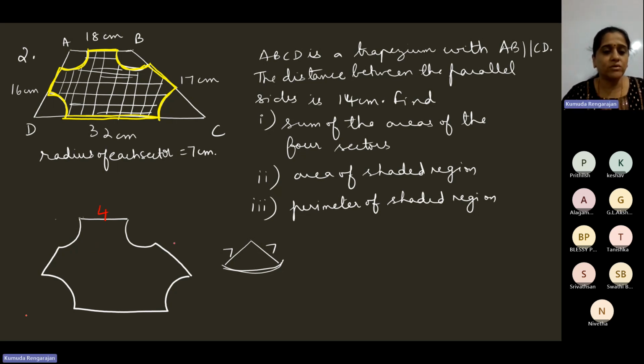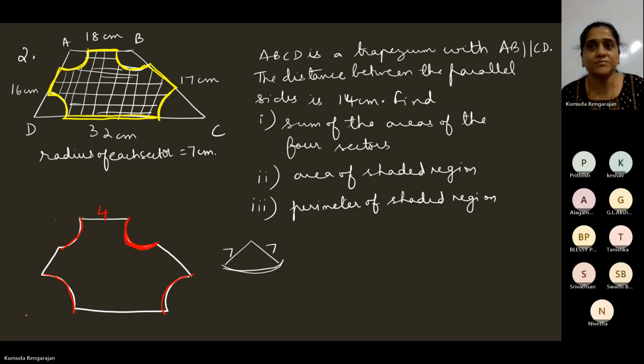Then what about this one? This is the length of arc. This one also, this one, and this one. All these four arcs put together will make the circle, 2 pi r, because the four sectors put together is a circle, right?